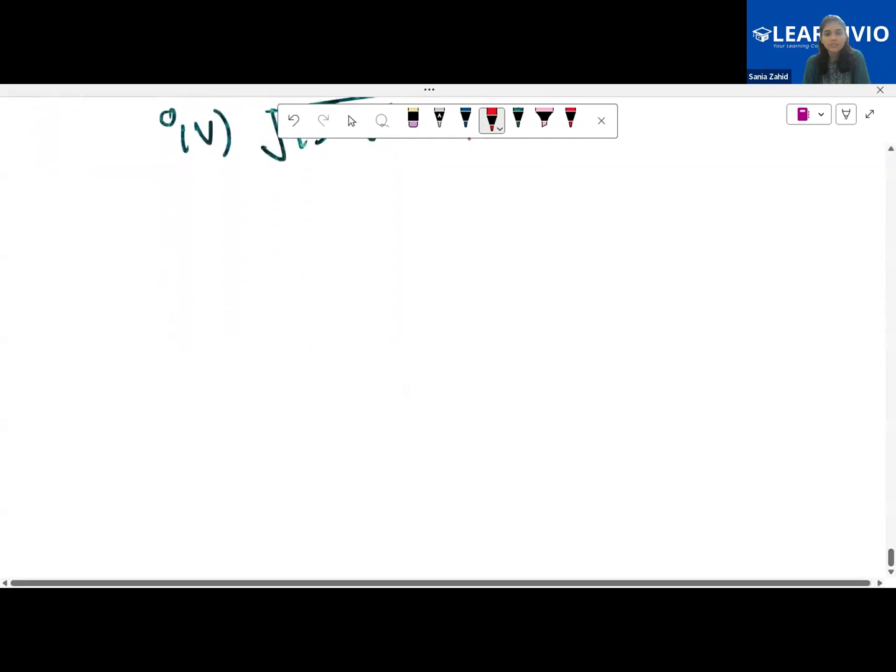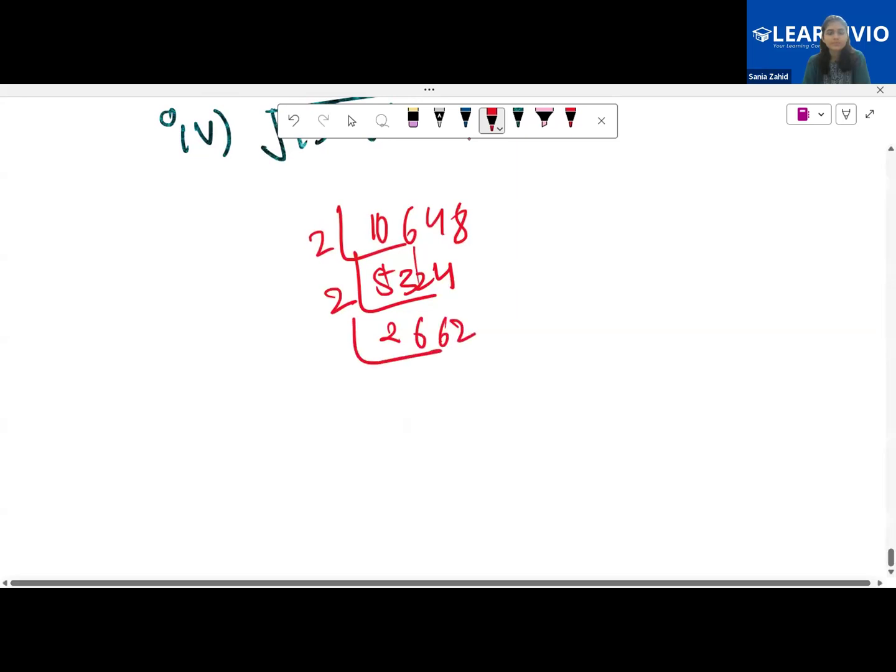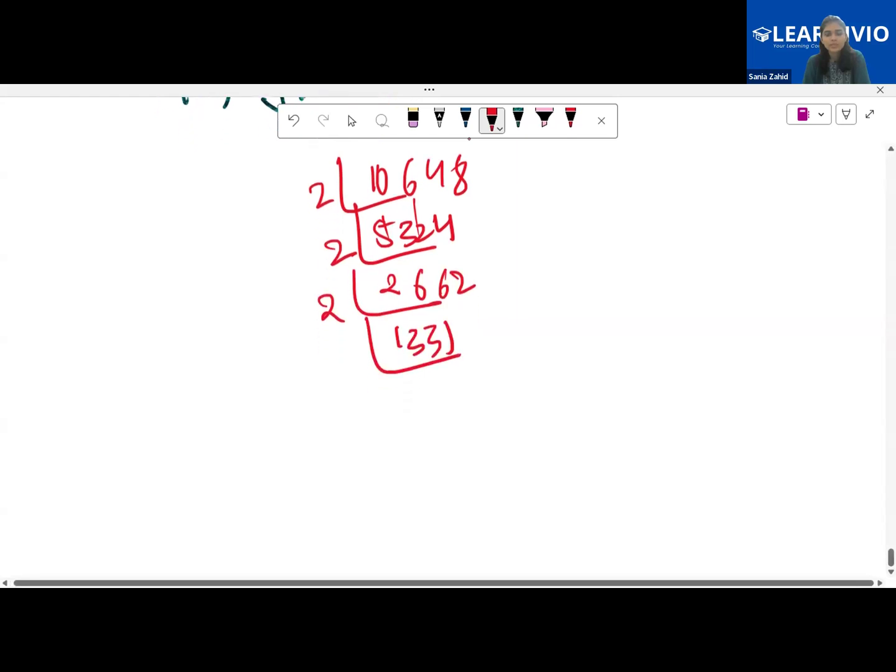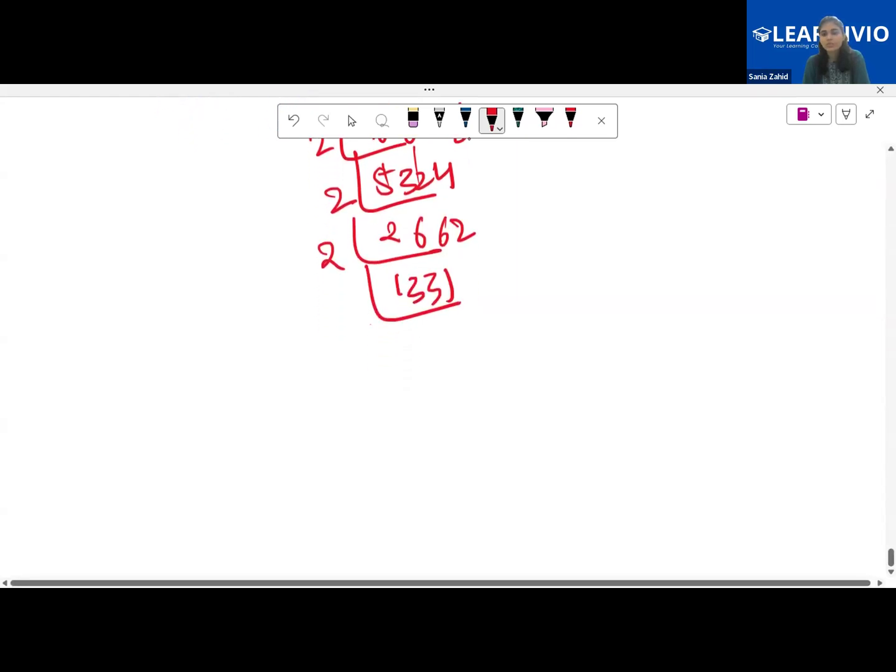Okay, 10648. Let's check. First by 2, then by 2 again, then by 2 again. Okay, now 1331, sum of digits 8, so not by 3. Check for 7. Okay, not by 7 as well.